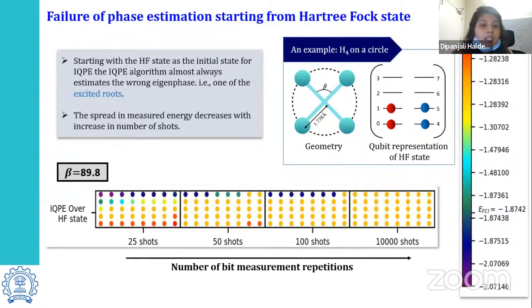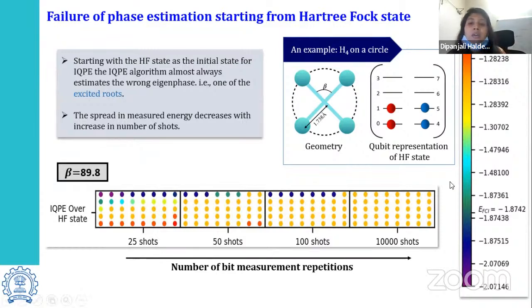On the x-axis, I have written down 25 shots, 50 shots, and so on. By shots, I mean that I am repeating the beat measurement 25 times, 50 times, 100 times, and 10,000 times. Now, in such a scenario, if we do phase estimation over the Hartree-Fock state, we see that all the time we reach the excited eigenroot.